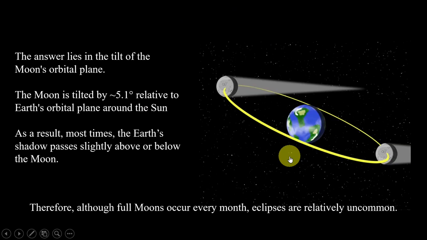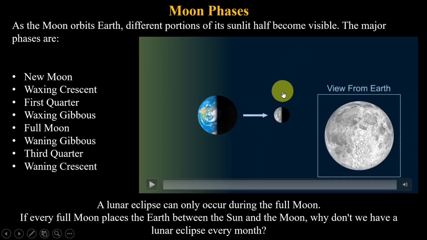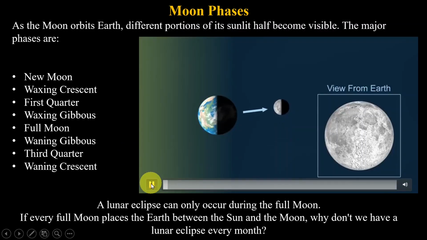To answer that question, it lies in the tilt of the moon's orbital plane, the tilt between the Earth and the moon. This is how they are tilted. If you look at this picture, we are looking at this from the top, so when the moon orbits Earth, you don't get to see that they are tilted.